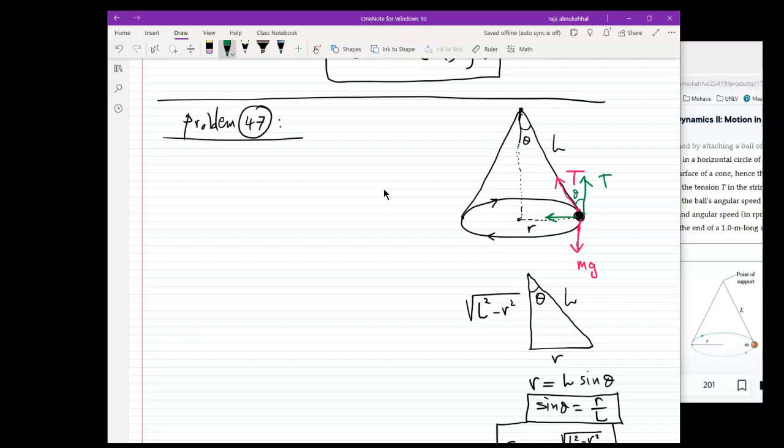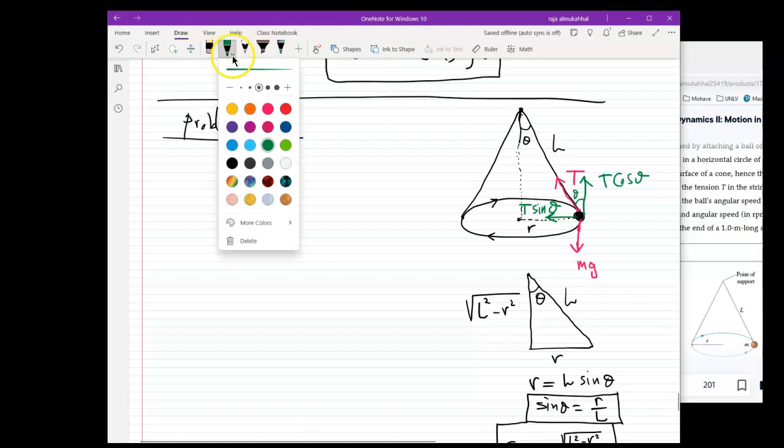So that's going to be T cosine theta. And then the other one is minus T sine theta. I'll put the minus sign in the equation. For now, I'm just going to write it like this: T sine theta. Okay, there we go. And now, back to black color.